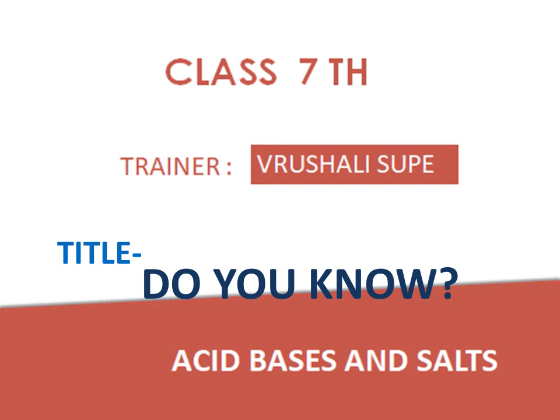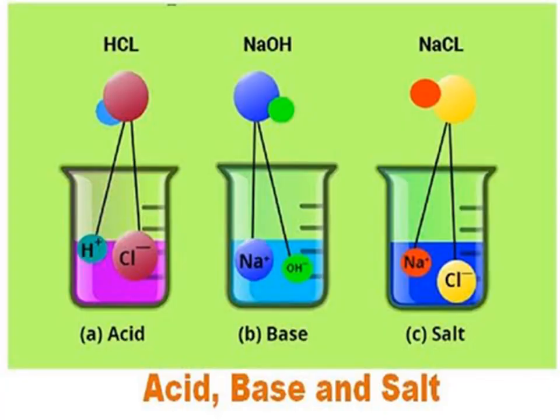So let's see. We are using various substances or compounds which are present around us in our daily life. All these substances have different natures, different physical and chemical properties.